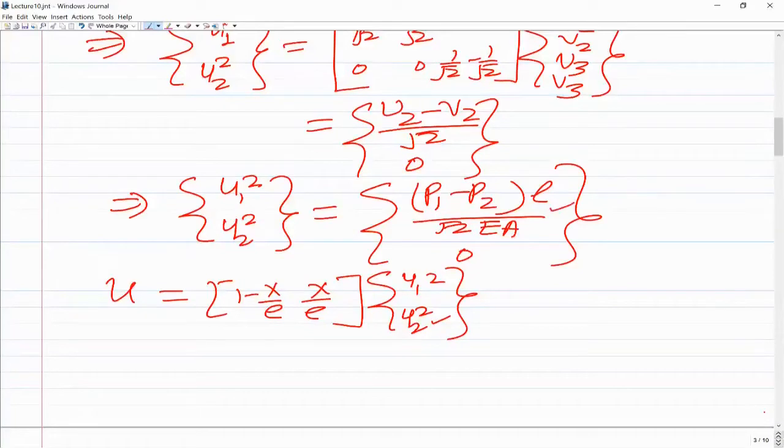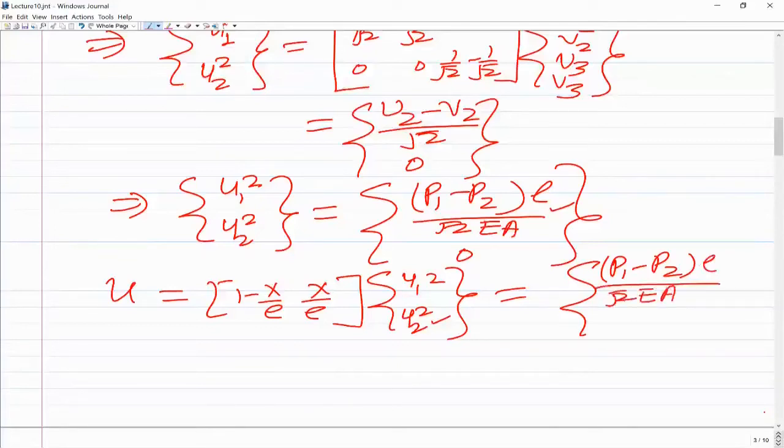So the first term will be P1 minus P2 into L divided by root 2 into EA.